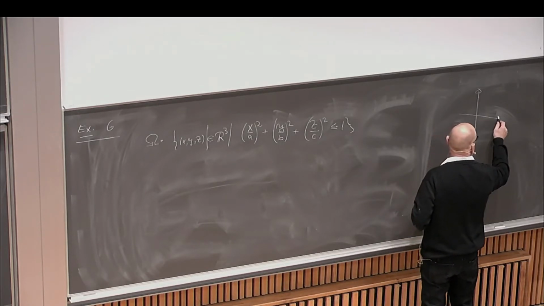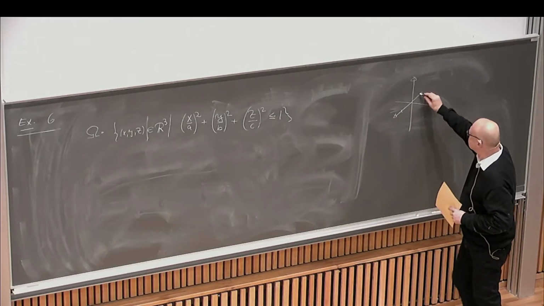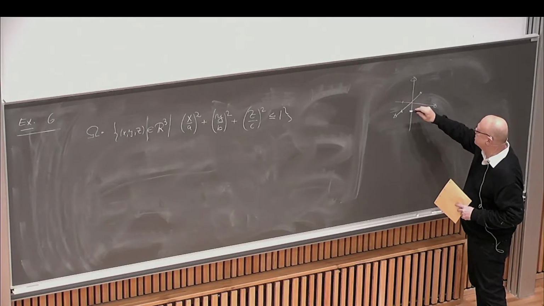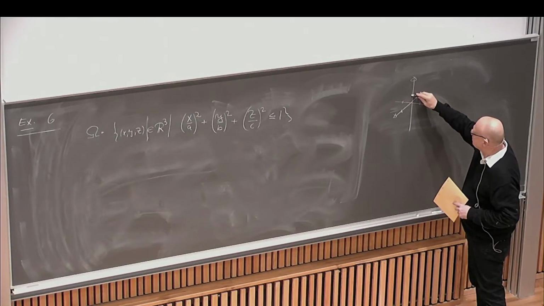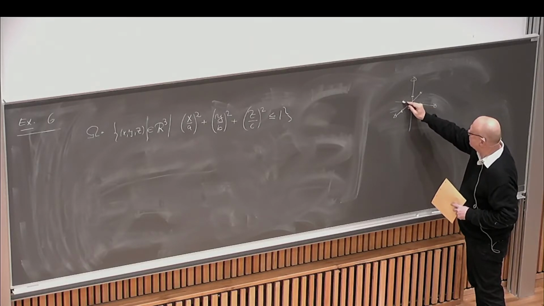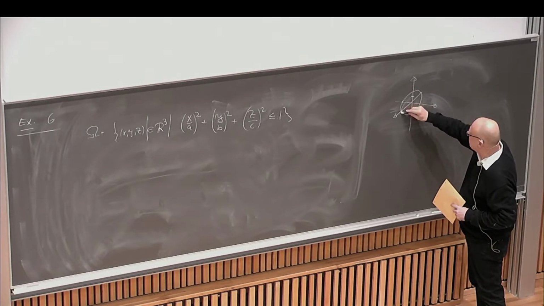draw such a thing here. Let's say a is this one, and b is this one, c is like this. Then you will have something like this.